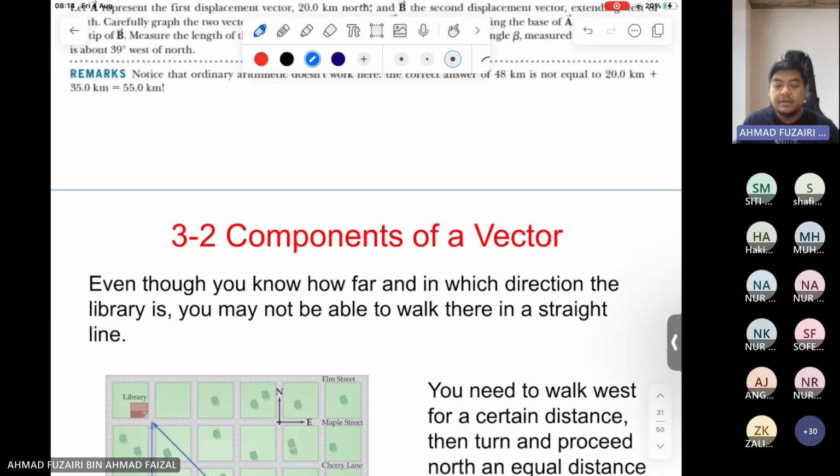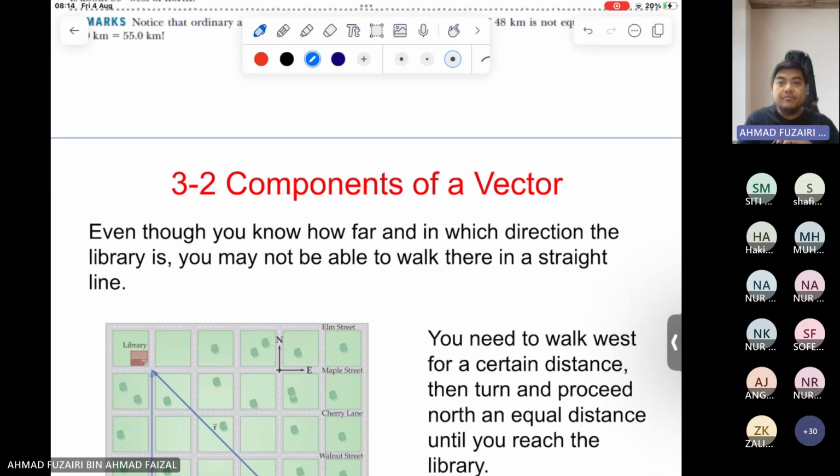Okay, so right now we want to know how we can calculate vectors. This is much more complicated compared to graphical methods, because in this part we will learn about components of vectors.